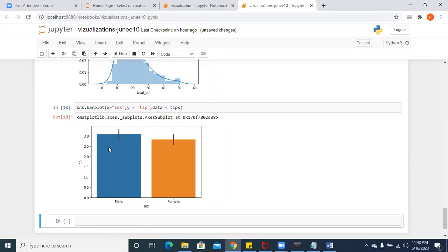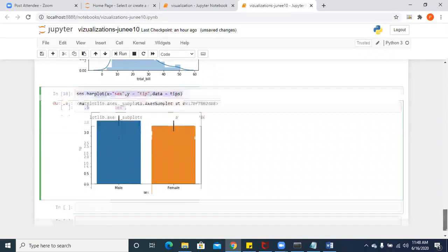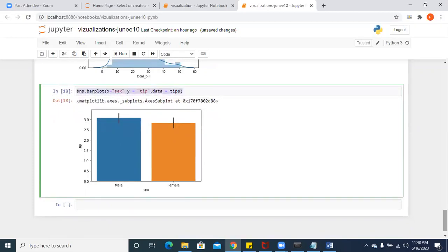Males are giving more tip than females. Alright. So this is the bar plot where you can see the relation between the tip given and the categories. These are all categorical plots. Bar plot is a categorical plot, and we also have cat plot. I'll discuss cat plot within a few minutes.